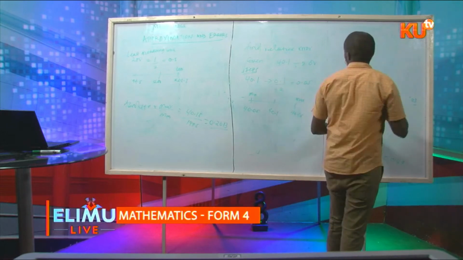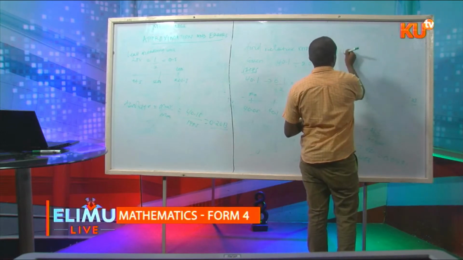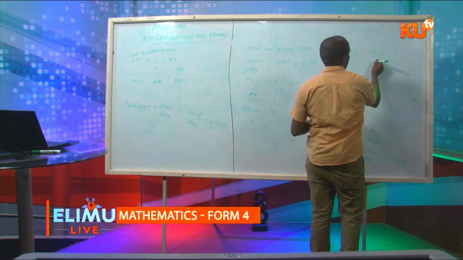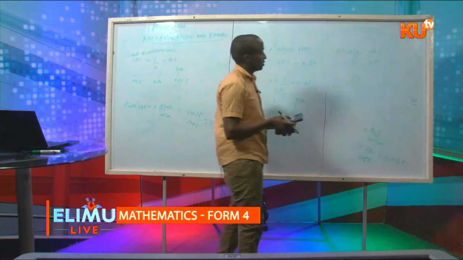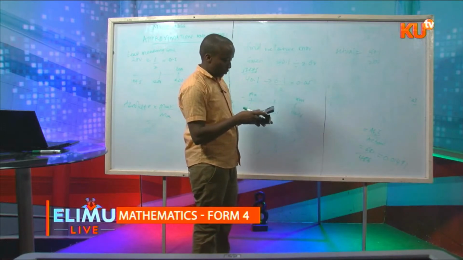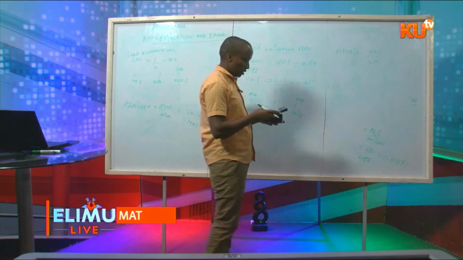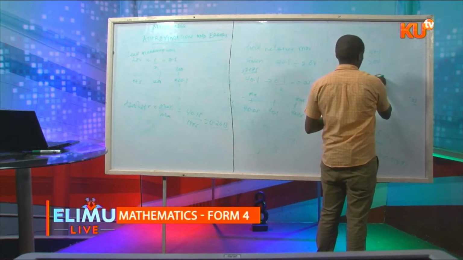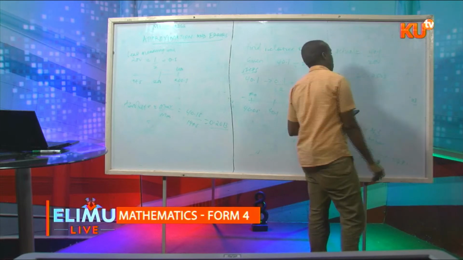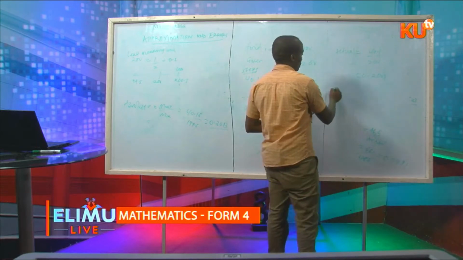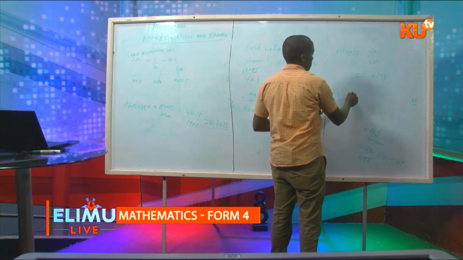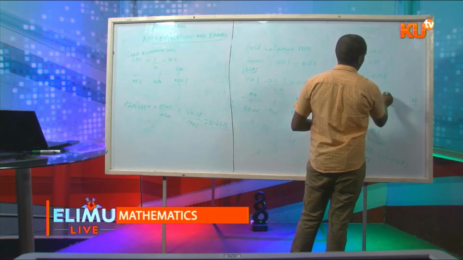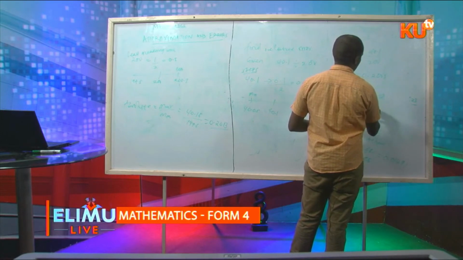The actual computation of our sum is 40.1 divided by 200, which will get 0.2005. For you to get the relative error, it is the absolute divided by actual.